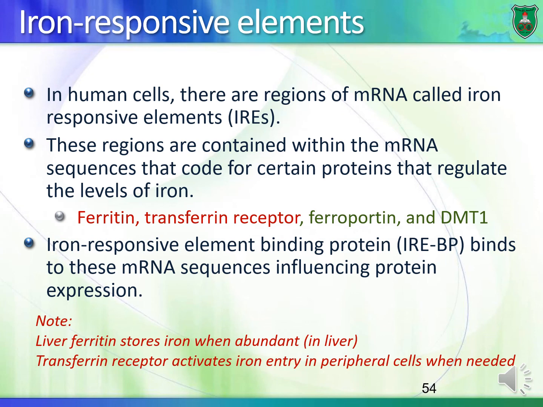So there should be a balance in the synthesis or production of these two proteins. It's either that ferritin is high or transferrin receptor is high. If one is high, then the other one should be low, and vice versa. That is, the opposite is true.